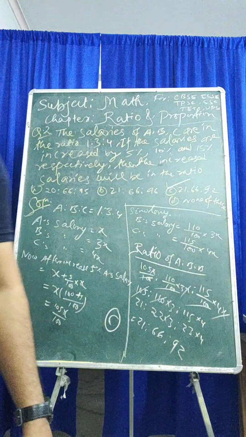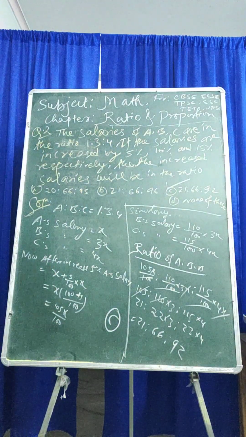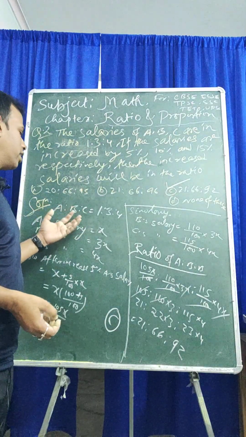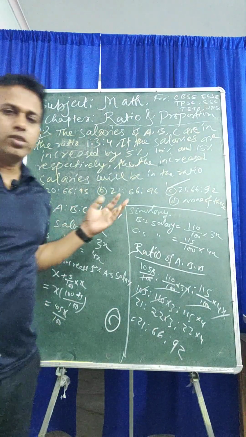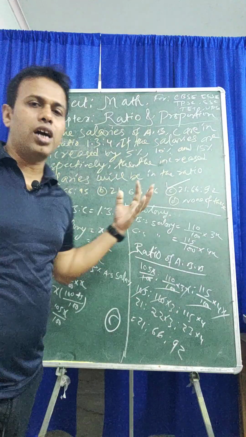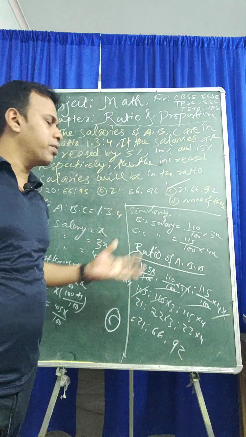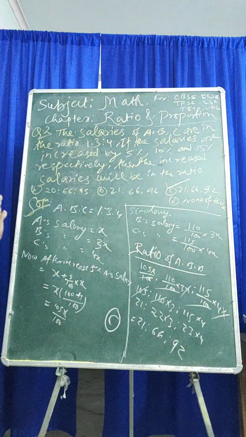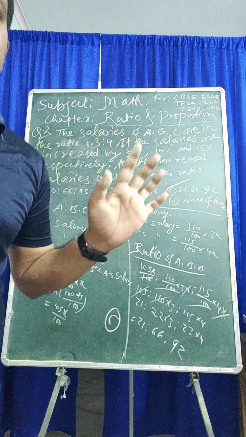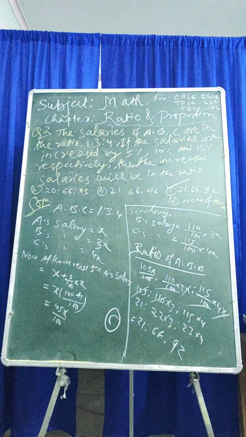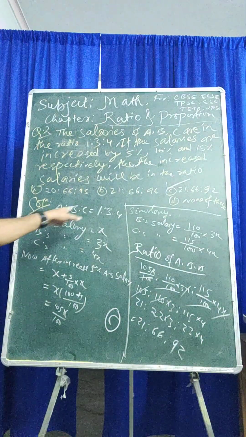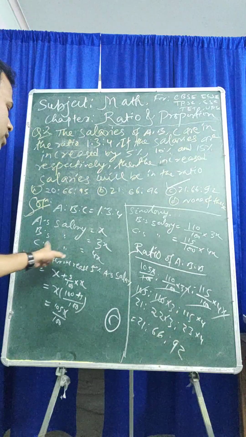Okay, got my point? So here for the salary of A, no need to only consider x, you can consider 100, and B will be 300 and C will be 400 because it is 3 times greater. But the simplest method for everyone is to take A's salary as x, B's salary as 3x and C's salary as 4x.